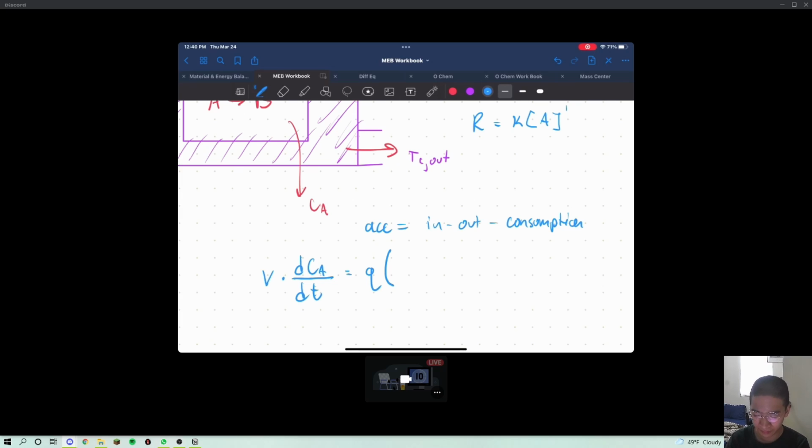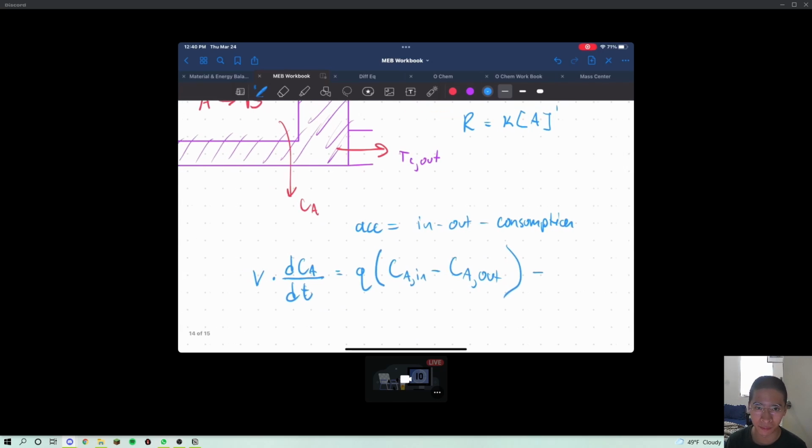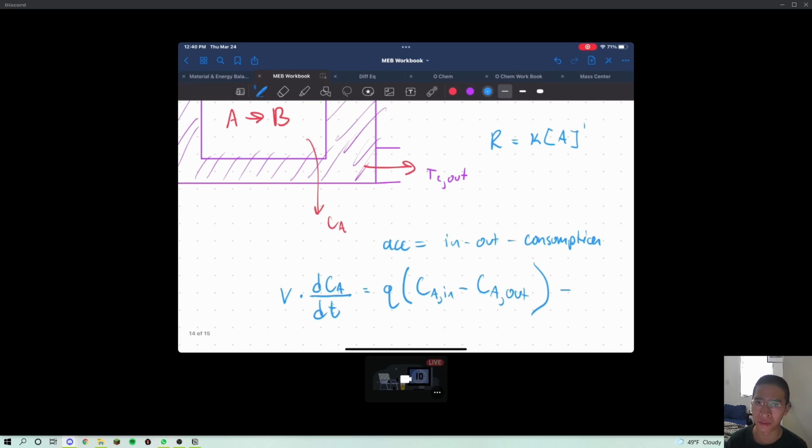Okay, so concentration of A going in minus the concentration of A going out. Okay, and then consumption. How do we describe consumption? Well, consumption is the rate, where have we heard that before? The rate at which A is being consumed.